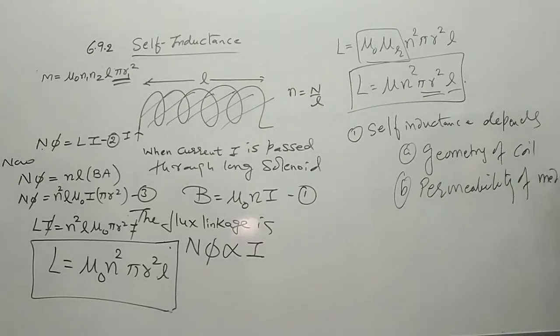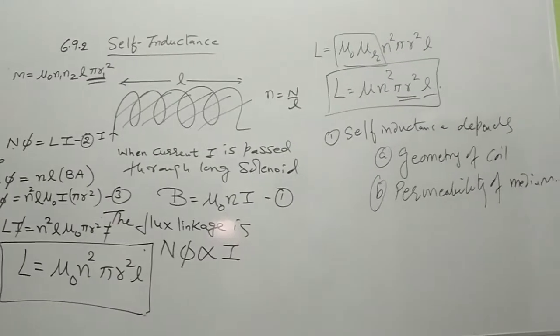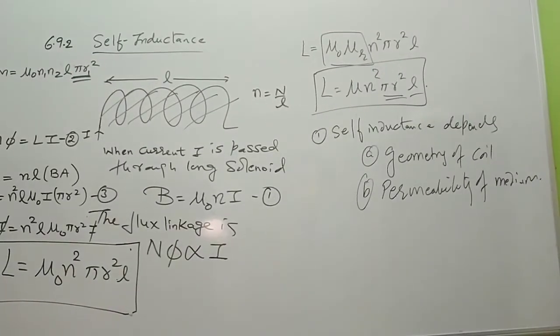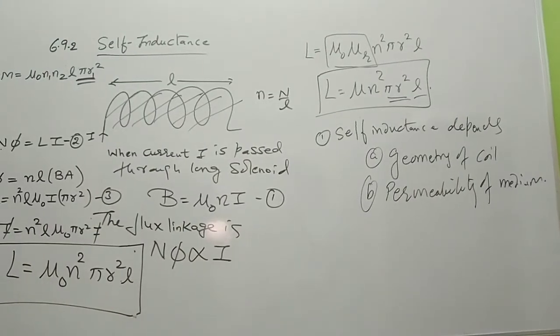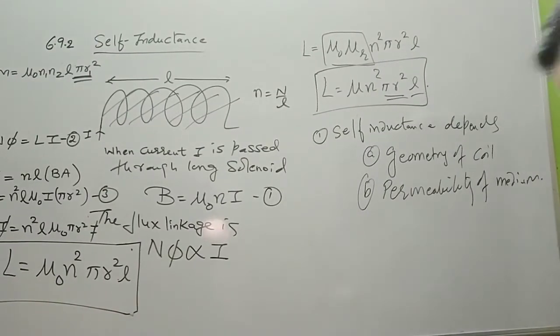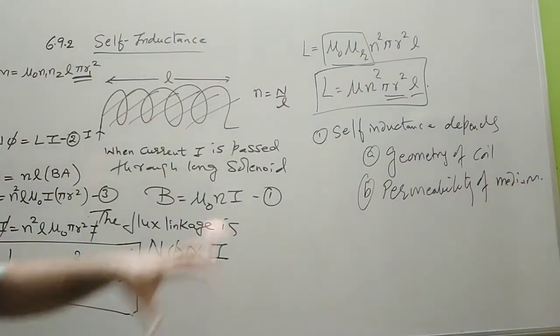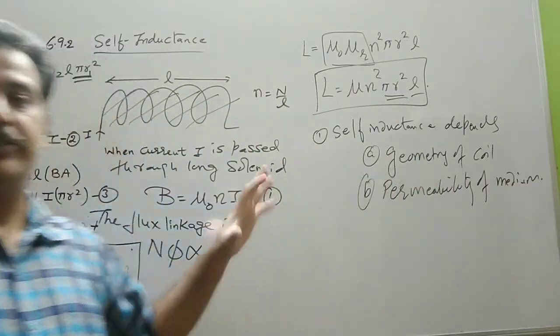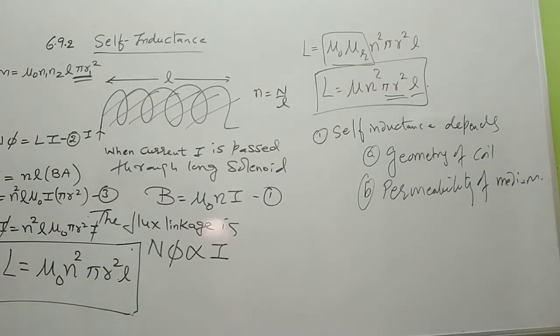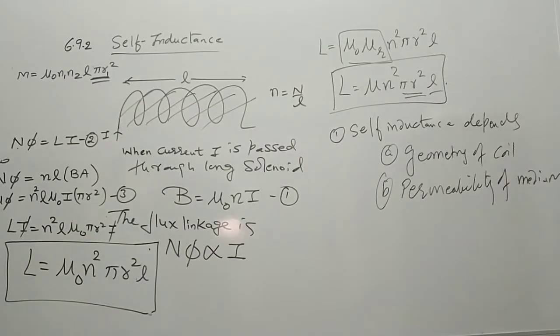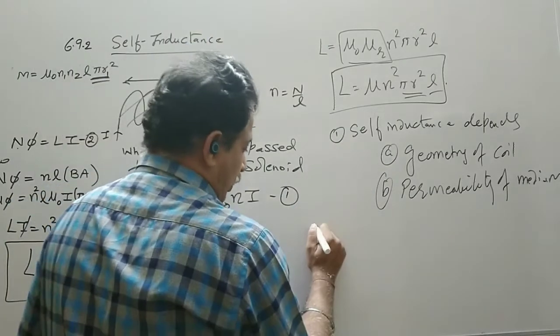It does not depend on the current. Remember this, it does not depend on the current. It is similar to the capacitance. Capacitance does not depend on Q and V. It depends on the dimension and the medium between the two plates. So self-inductance also depends on the geometry of the coil or solenoid, as well as the permeability of the medium. So this is one note you have to remember.